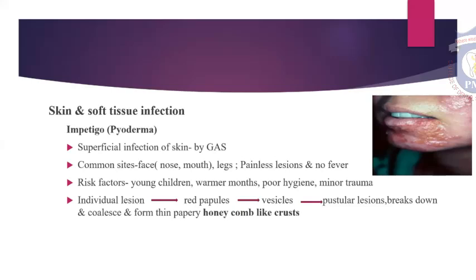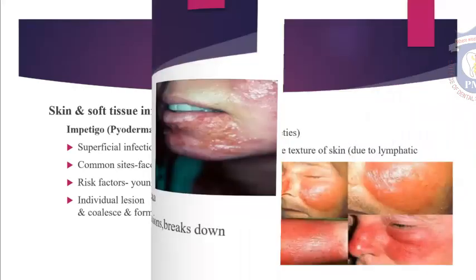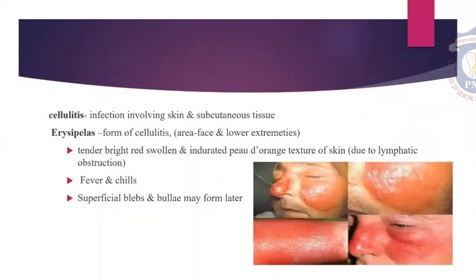The next manifestation under skin and soft tissue infection is cellulitis. Cellulitis is the infection involving skin and subcutaneous tissue. The next manifestation is erysipelas. It's a form of cellulitis. Areas include the face and lower extremities.